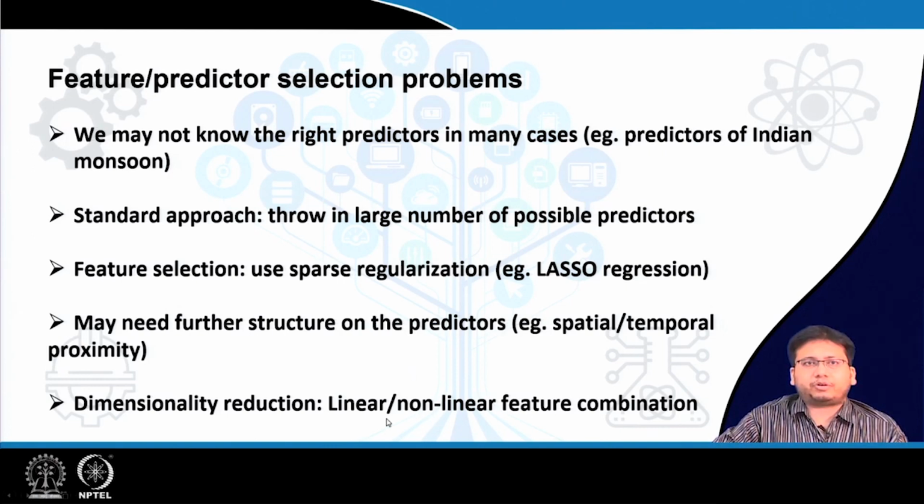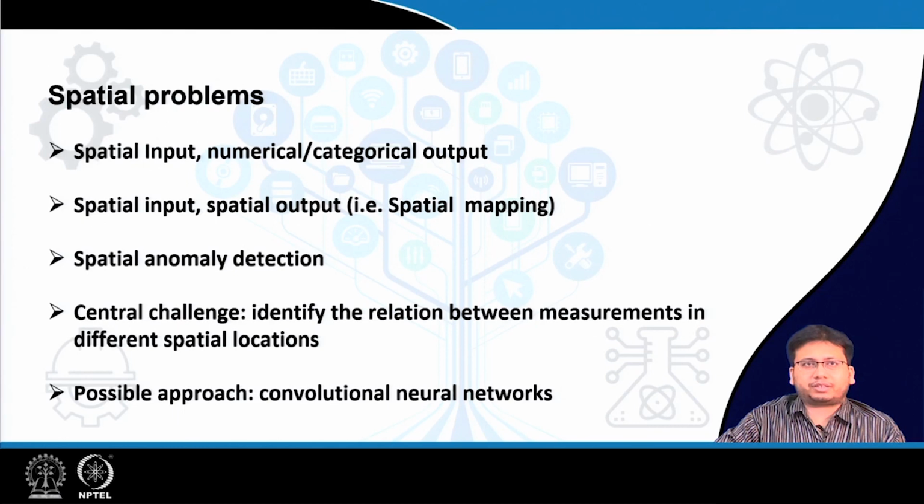Now, similarly, when we talk about the problem of dimensionality reduction, what we want is some kind of linear or non-linear combination of the different features. So, what should the ideal combination of features be? That is another problem which machine learning may be interested in.